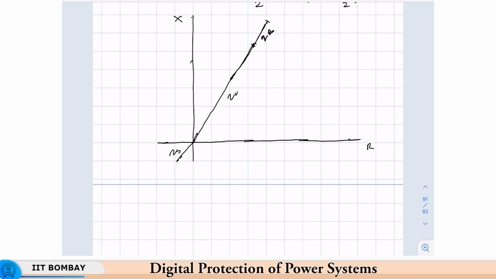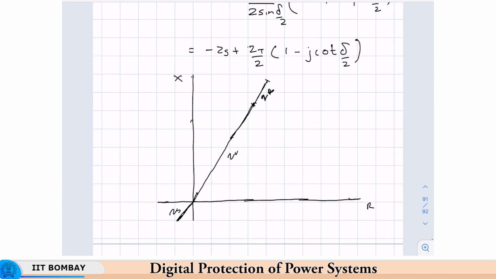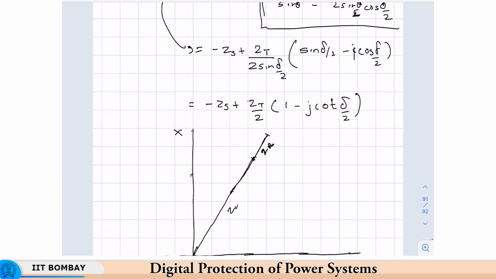So, now in a highly meshed transmission system, if you consider that this line is part of the transmission network, this could be a reasonable assumption, but otherwise you will get different slopes for Zs, Zr and ZL. But now assume that they are all in a straight line, which means they have the same slope and the same impedance angle. Okay.